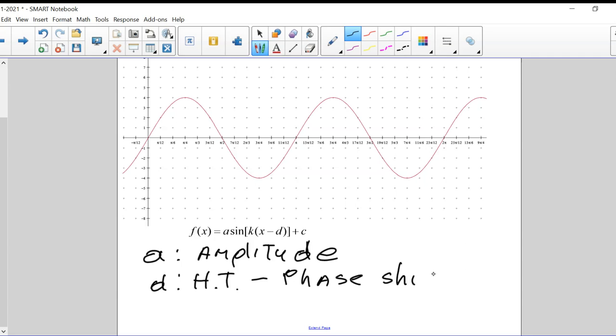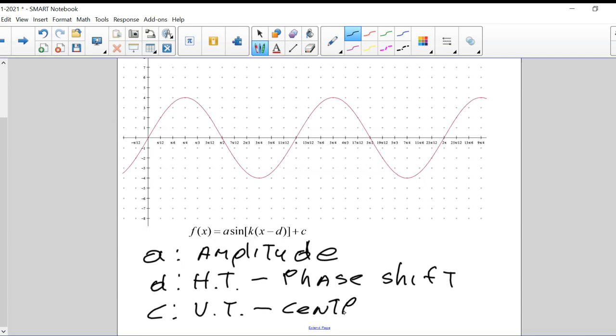And then the C, of course, is going to give you your vertical translation. Again, that's familiar to you. You've seen vertical translations before when we were doing transformations. And this is going to be based on the center line of the function, right? So if you can identify where the center line of the function is, then that's going to be your C.